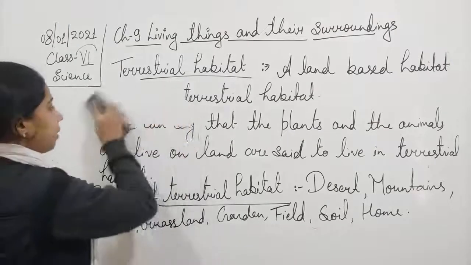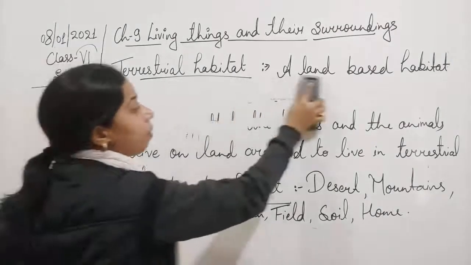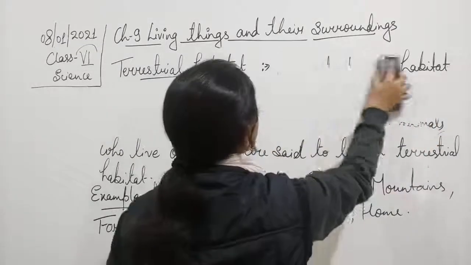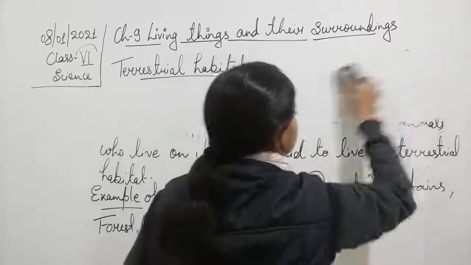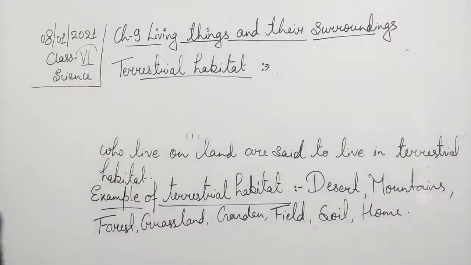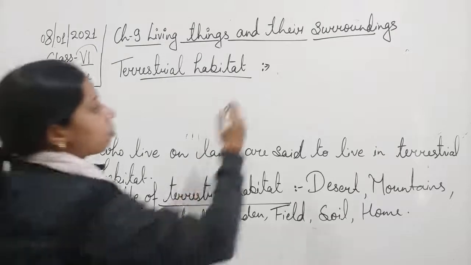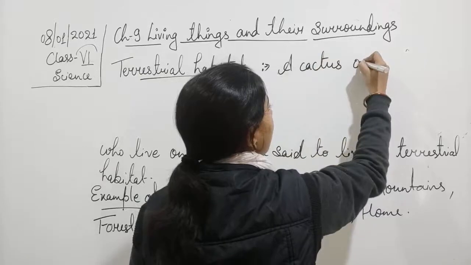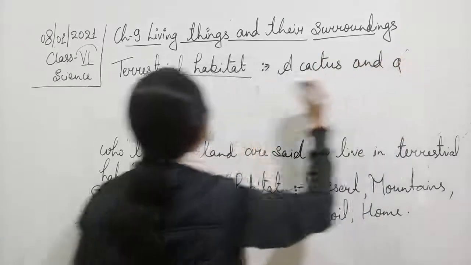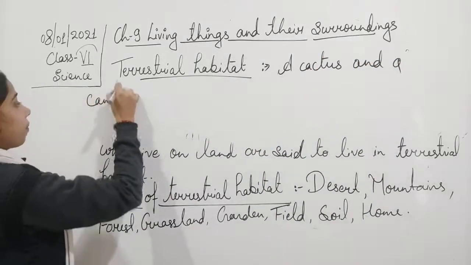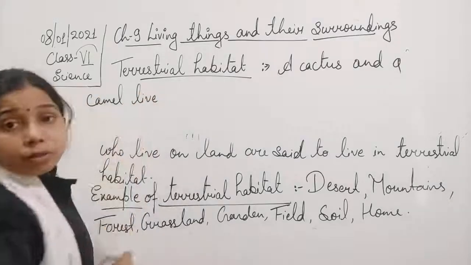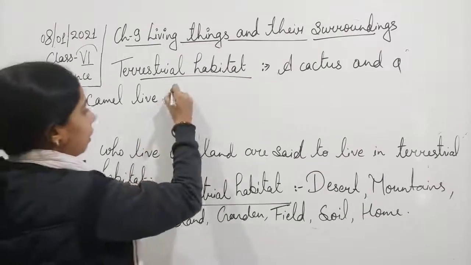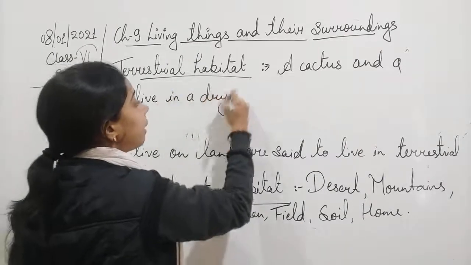Now we can understand this. Suppose we take an example of a cactus plant. A cactus and a camel live in a desert area, or we can say they live on dry land.